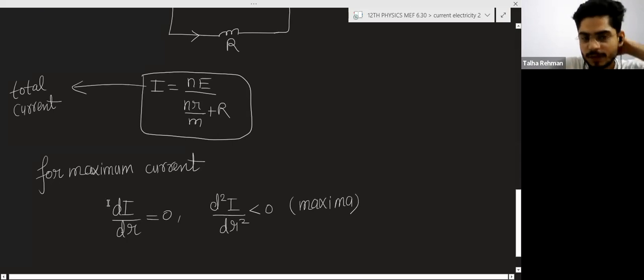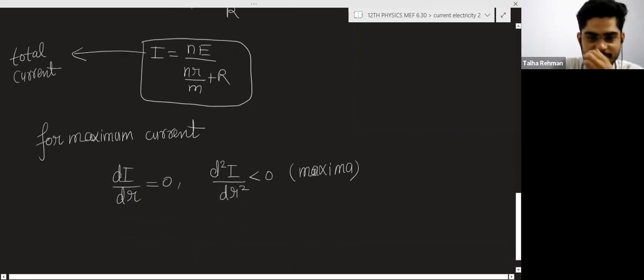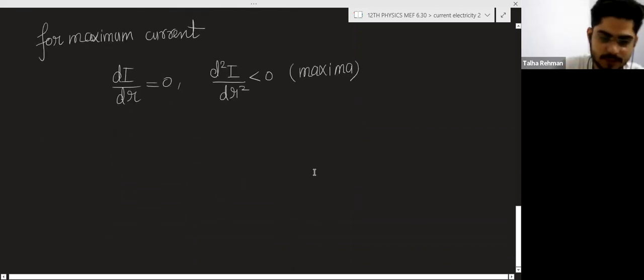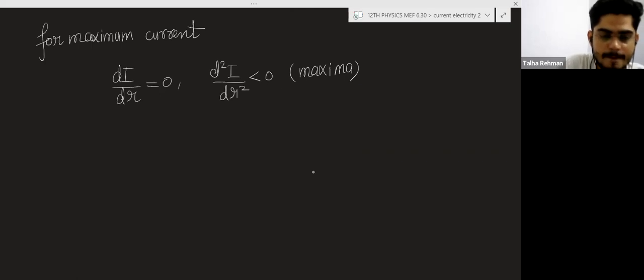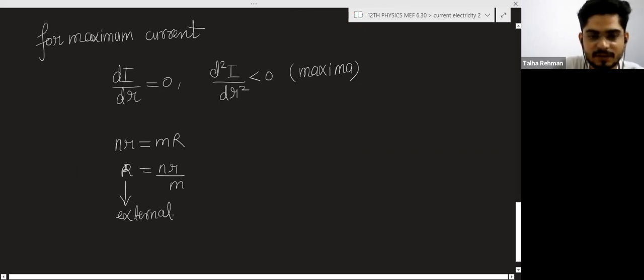When you differentiate the current with respect to internal resistance, you will get NR is equal to MR, so R is equal to NR by M. What is this?